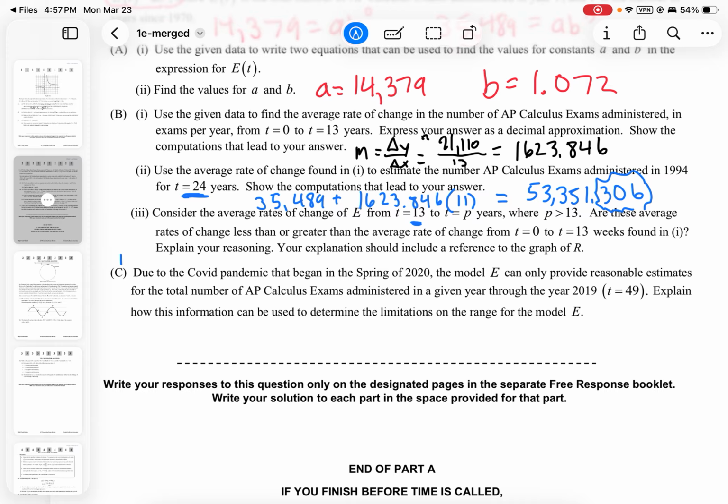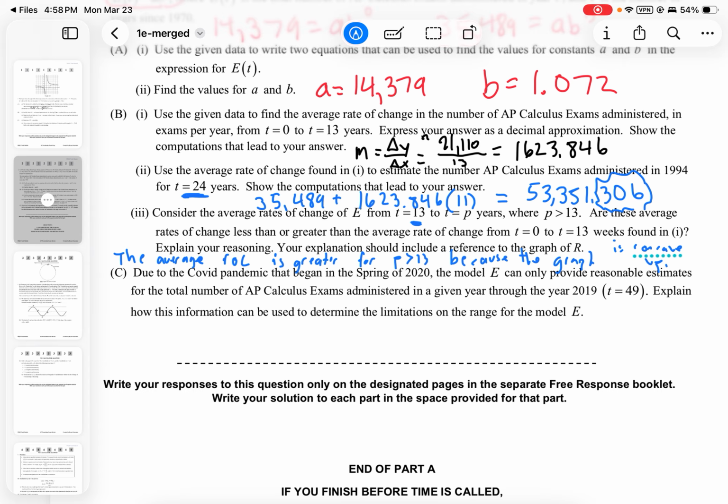So the average rate, don't abbreviate, but I'm just doing it here for space sake. The average rate of change is greater for p greater than 13 because the graph is concave up.